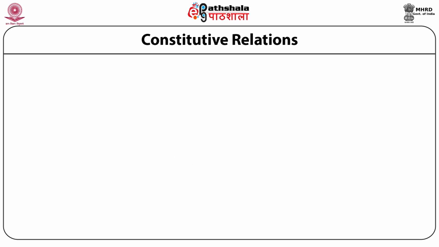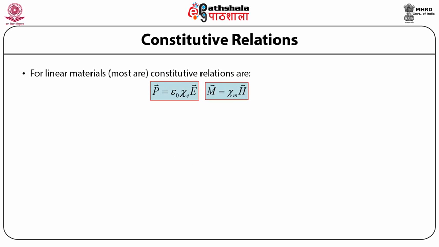Now if we look at linear materials, and in most cases the materials are linear, that means their properties are linear, or in other words the various terms or physical parameters occur in the first power.